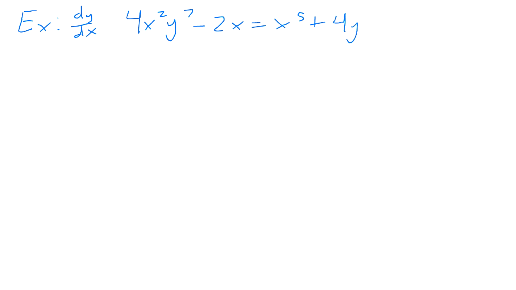So now let's actually try another example of our implicit differentiation. This time, we're wanting to find dy over dx of 4x squared y to the 7th minus 2x equals x to the 5th plus 4y cubed.